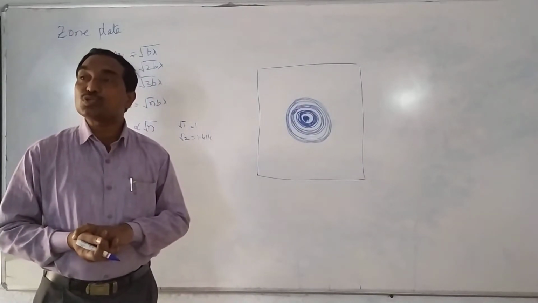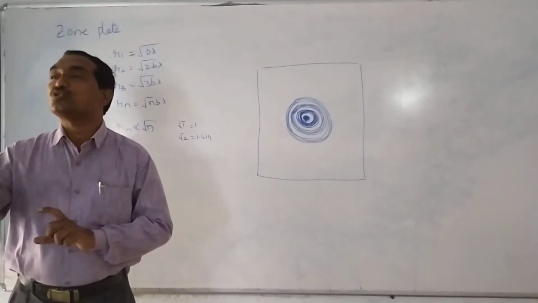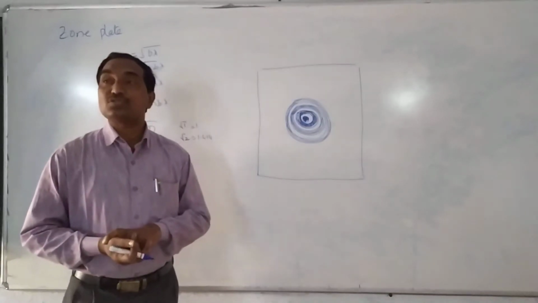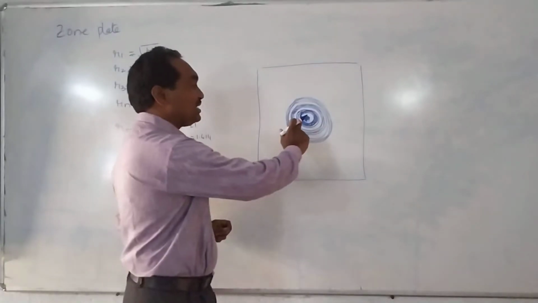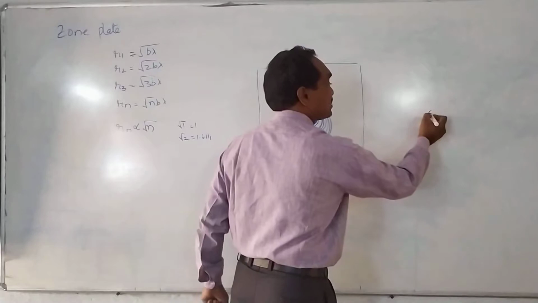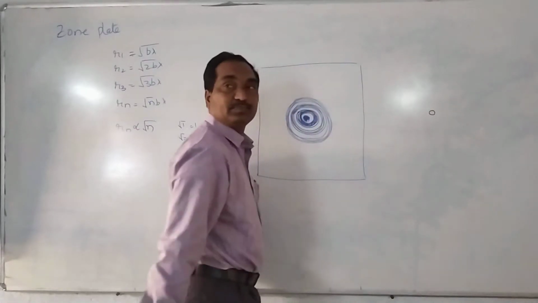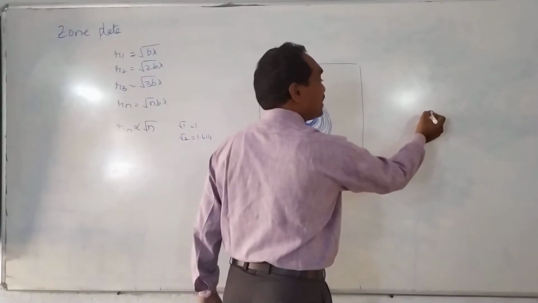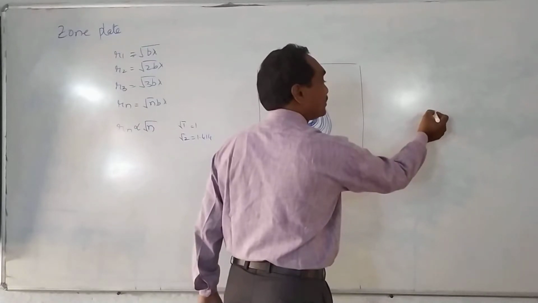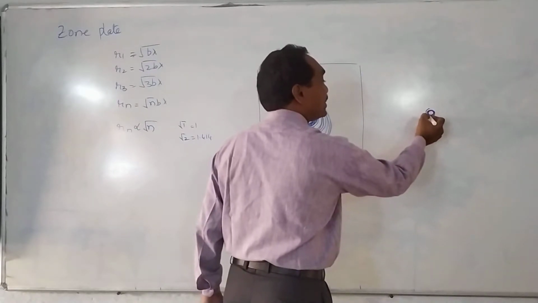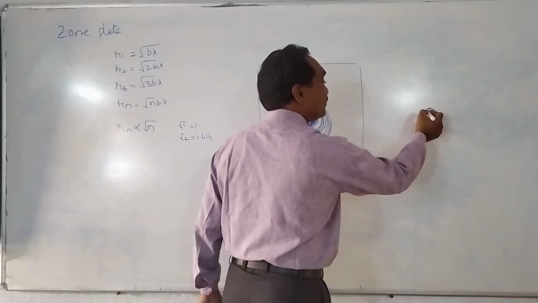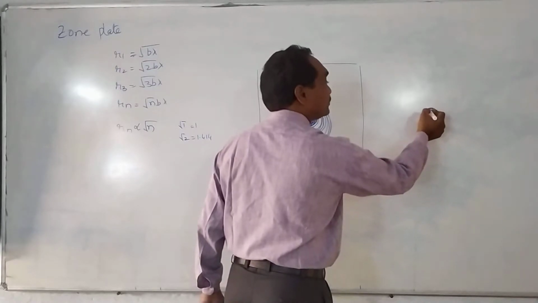One is the positive zone plate and the second is the negative zone plate. The positive zone plate is one in which the central zone is transparent, the second half period zone is opaque, the third half period zone is transparent, and the fourth half period zone is opaque.